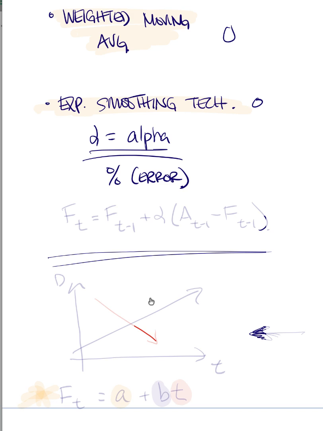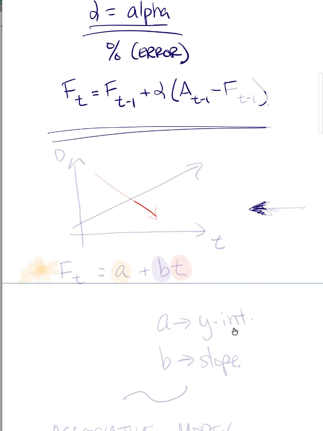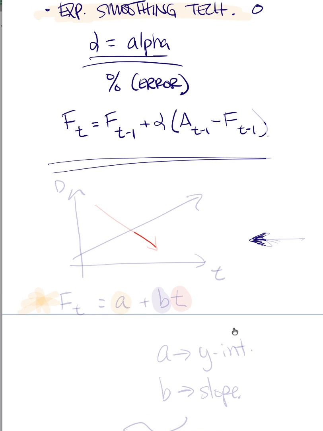Therefore, the formula for exponential smoothing is: the forecast for a specific period is the forecast for the previous period plus alpha times the actual value of the previous period minus the forecast of the previous period. And again, there are examples of solving these problems in the forecasting channel.